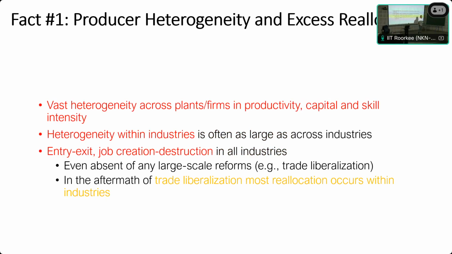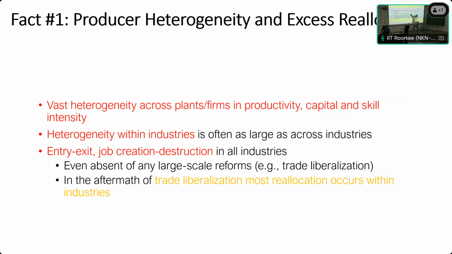What I mean is, as economists we always understood that the leather industry is very different from the truck industry, or that the truck industry is very different from the pharmaceutical industry. But what the data showed us is that firms, even within the truck industry or the pharmaceutical industry, operating in the same industry, are very different. So why is that the case? That was one of the facts that came out from the data.